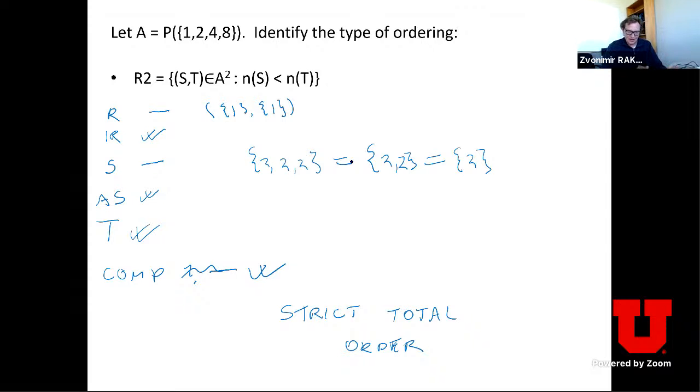All these three are just different notation for the same set. The way we define sets, if you write something like this, that does not mean that there are two twos in this set. There are no duplicates in a set. So there's still just one two.